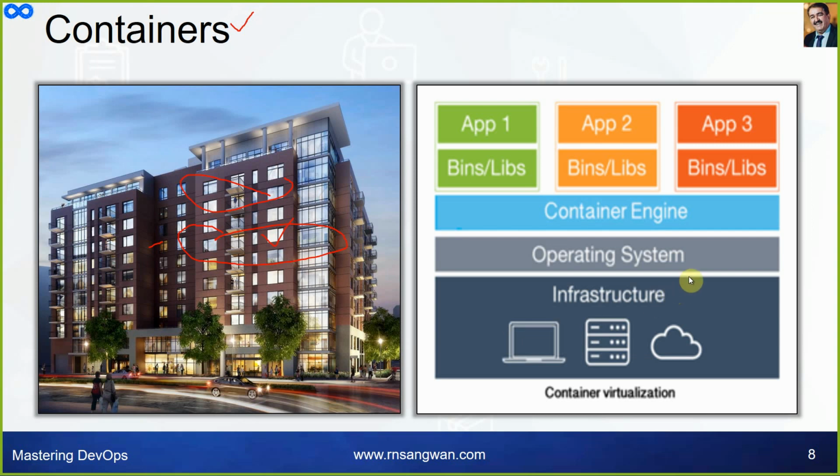So how do we create them? We install operating system, we install container engine, daemon based or daemonless, and then we run our application inside the containers. This is the picture from a user perspective.